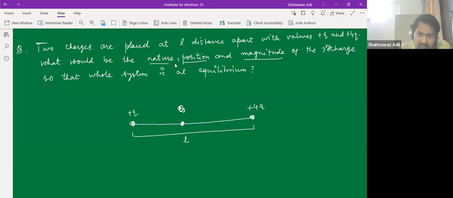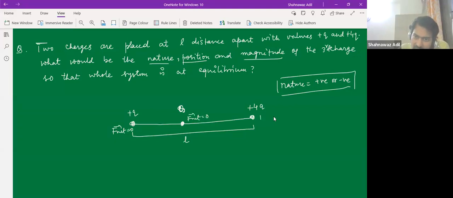And we have to find out nature. Nature meaning that whether it is positive or a negative charge that we have to put. So this whole system is equilibrium, which means that F net in here is 0, F net in here is 0, F net in here is 0.